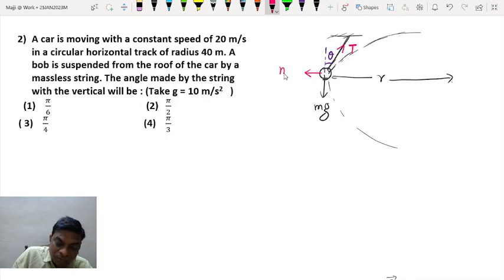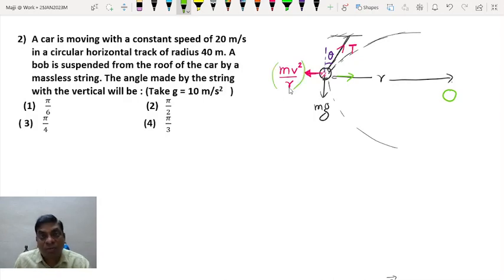That pseudo force will be mass of the object multiplied by acceleration of the reference frame, and its direction should be opposite to the direction of the acceleration of the reference frame. Remember, the car has a centripetal acceleration towards the center of the circle. So the pseudo force must be away from the center. In fact, this is known as centrifugal force.